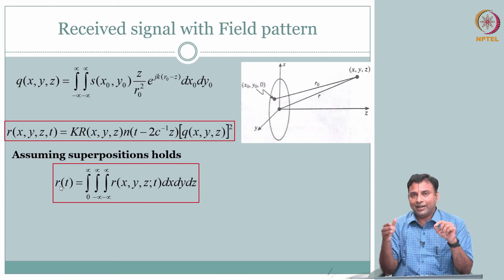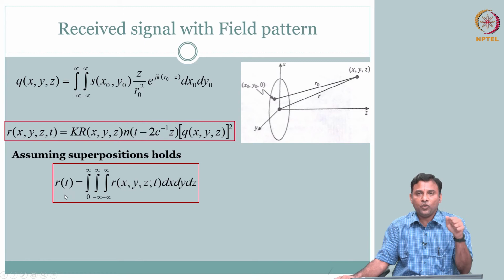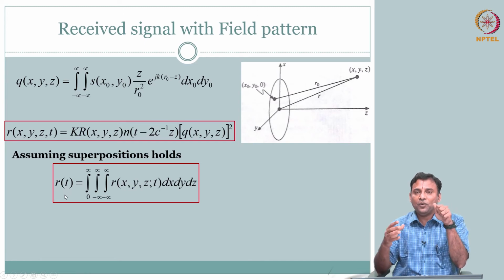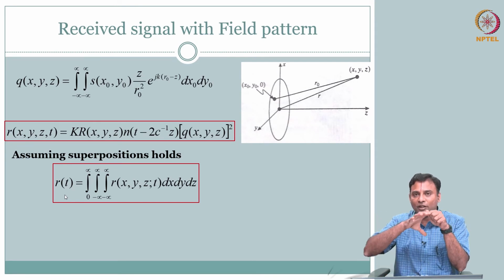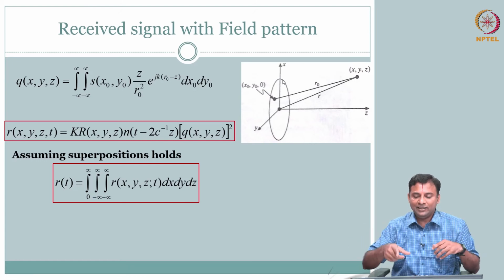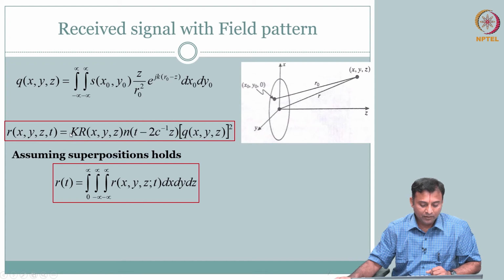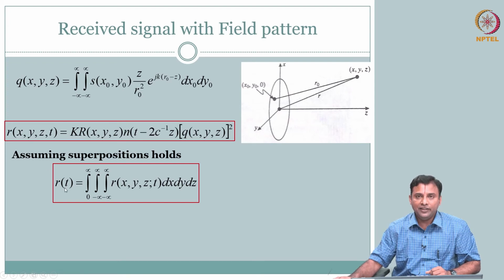There is a time axis, but x, y, z is fused. So you do not know where it is coming from. All you know is it is coming after a certain time interval. It is coming from the whole region that got insonified in this beam pattern. So that is what we get, R of t.